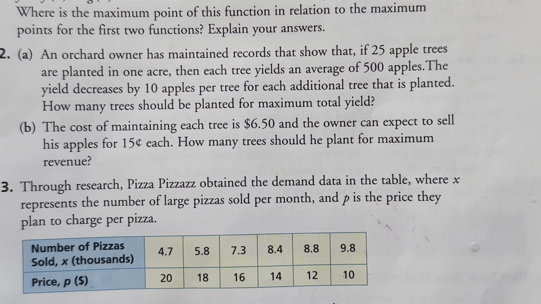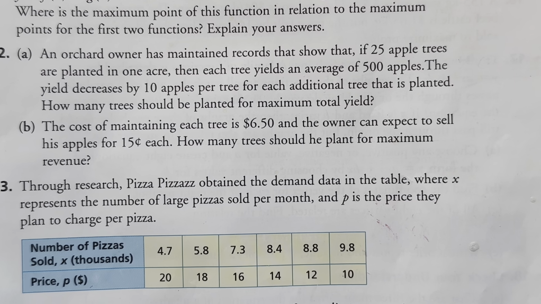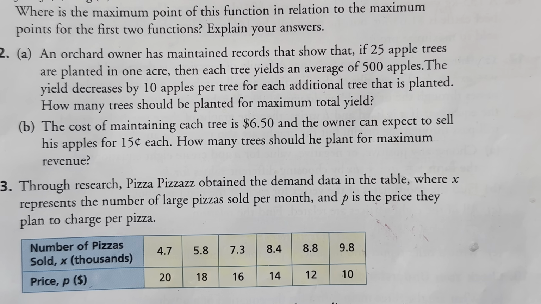Now this question is asking the maximum revenue. Then I think the first sentence of part B, the cost of maintaining $6.50, is not useful because you want revenue. You don't care what the cost is.